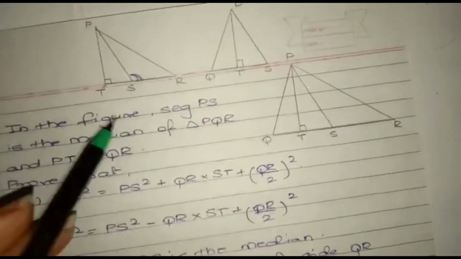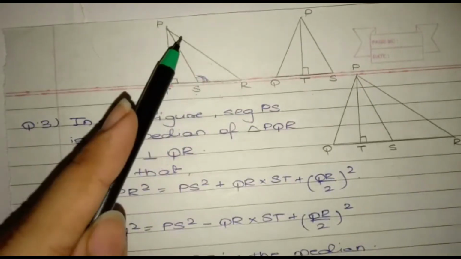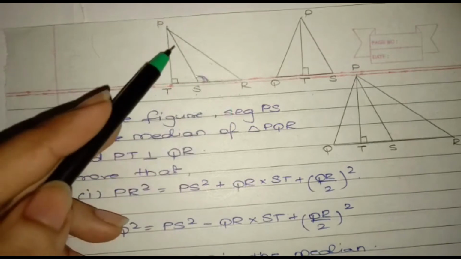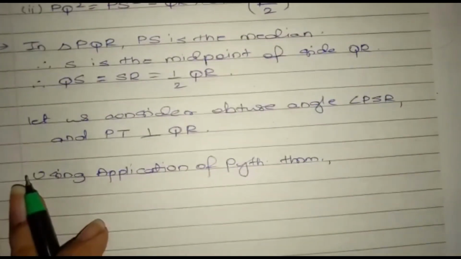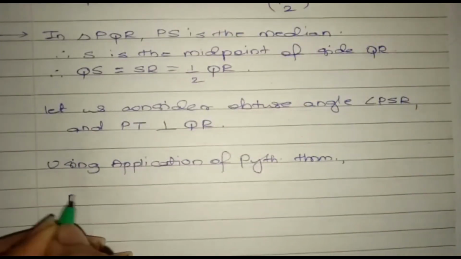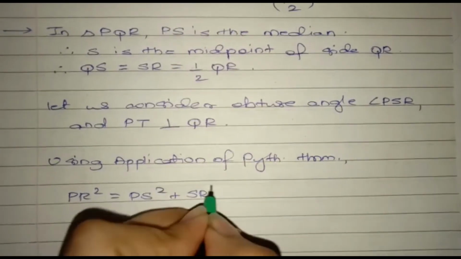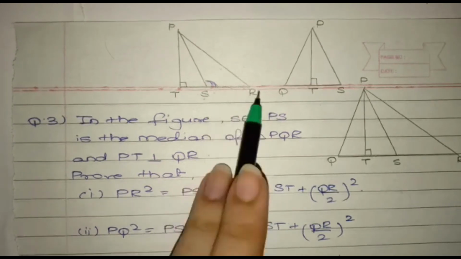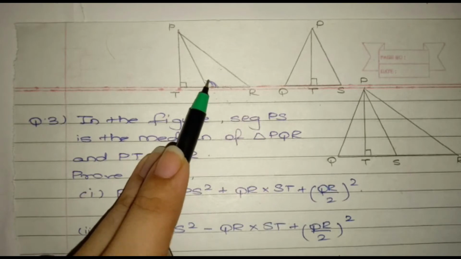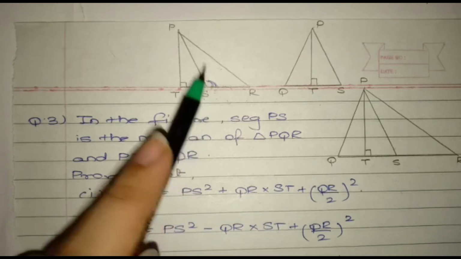what we will get? We have to consider the side opposite to obtuse angle, that is PR square. So PR square will be equal to PS square plus SR square, plus, we have to write plus because this is the case of obtuse angle. We have considered the two sides. First we have to consider the side opposite to obtuse angle, that is this.